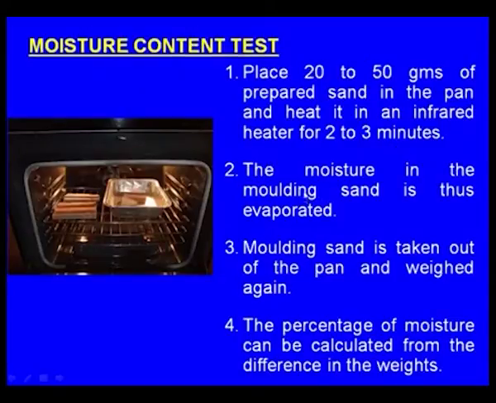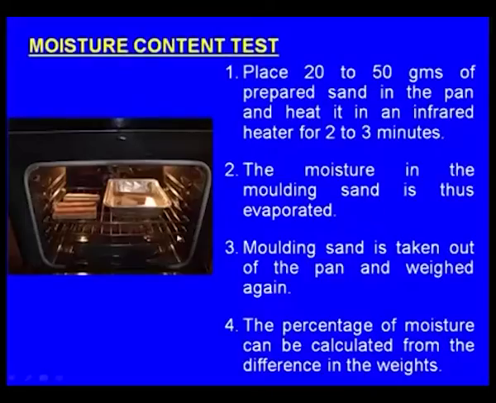Then the moisture in the moulding sand is evaporated. Initially we have weighed it, maybe about 20 or 50 grams of the sand. Now, the moulding sand is taken out from the pan and it is weighed again. The percentage of the moisture can be calculated from the difference in the weights.